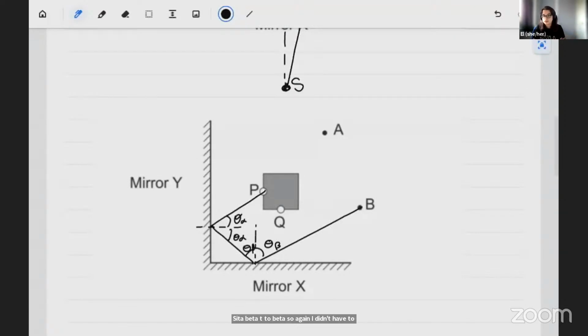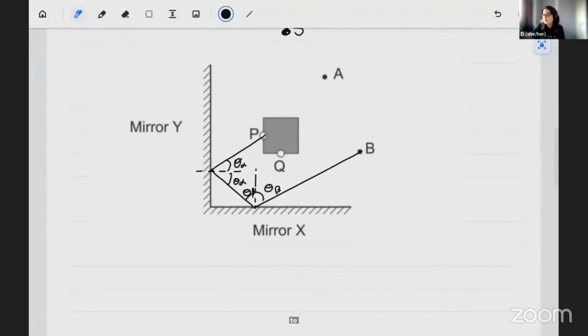I just wanted to make it very clear to whoever's looking at my work that theta alpha and theta alpha are the same, and theta beta and theta beta are the same. So that's how we get to observe something at B. But now we need to find the position of any image formed. To do that, as we've done before, we are going to extrapolate this light ray out.